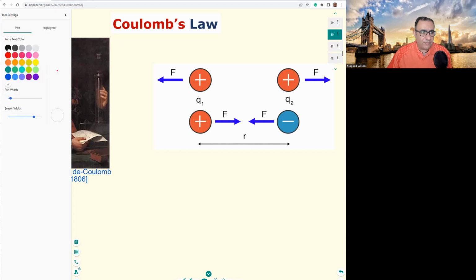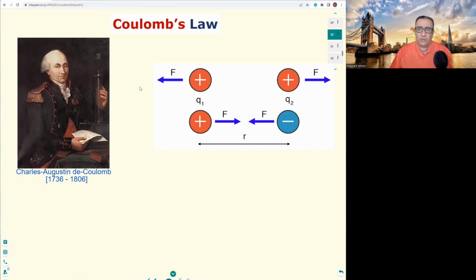But from the perspective of a physical formula, we can say that F, the force, is proportional to the amount of charge, or basically the product of Q1 times Q2, and that is, let's say, relationship 1.